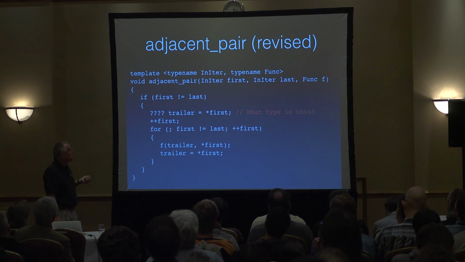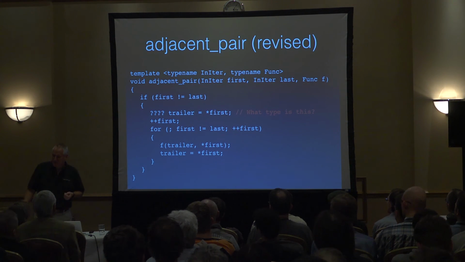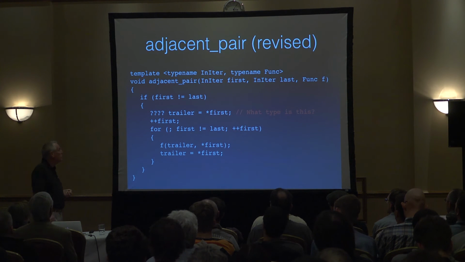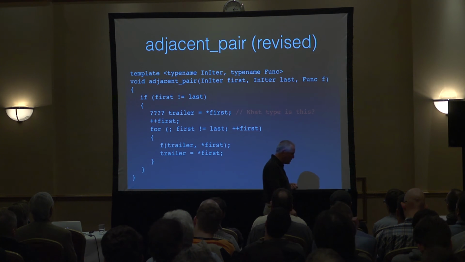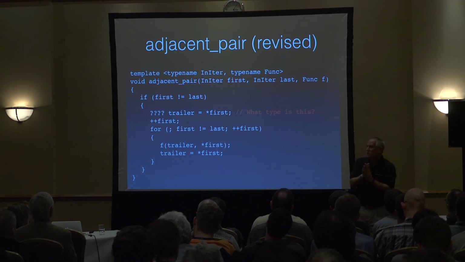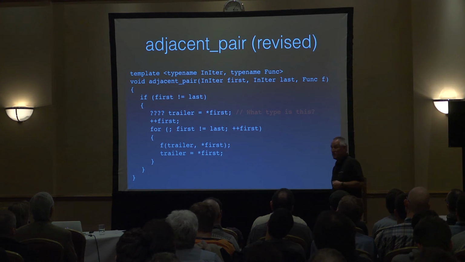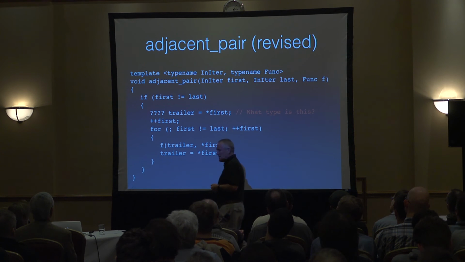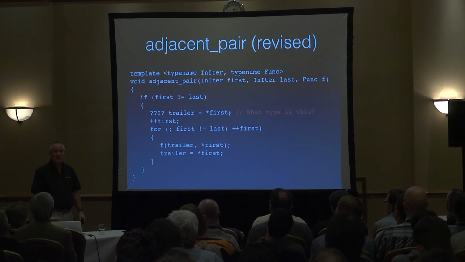But another interesting problem is, you have to save this element. What is that thing? All you know is iterators. What is this thing that you get when you dereference an iterator? Well, I talked a little about utilities way back, like the second slide. There's this utility class in the standard library called iterator_traits.